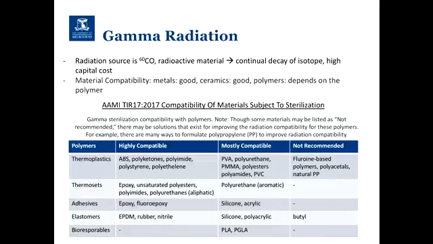From a materials perspective, what materials are okay to get gamma radiated and what ones are affected? Your metals and ceramics are pretty much okay, they don't get affected by it. Your polymers, depending on which one it is, may or may not get affected by gamma radiation. I've put a table there of some of them.